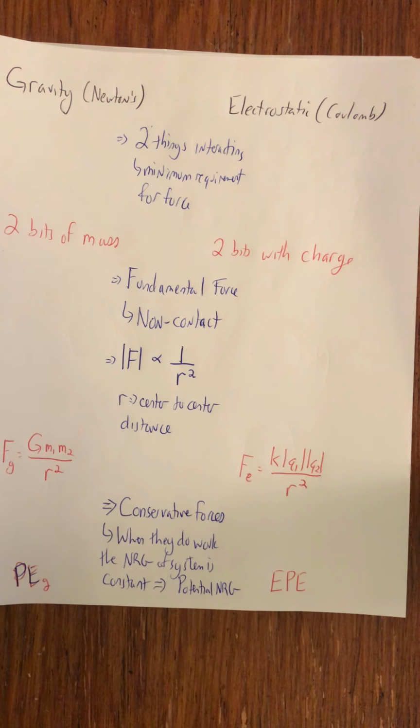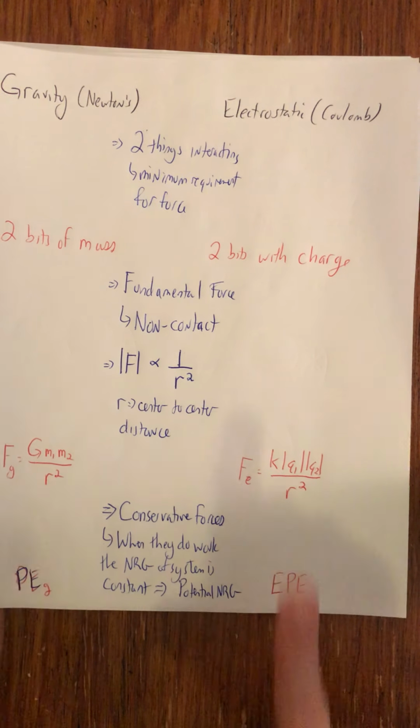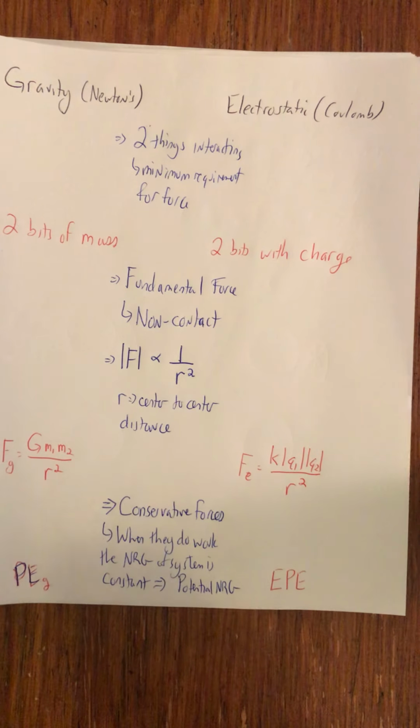I'll leave that to your middle school sense of humor to understand why. So, conservative forces, fundamental forces, both inverse square laws, two things interacting, mass versus charge: similar structures but with a couple of different things. They both have different potential energies, but the fact is that they both have potential energies.